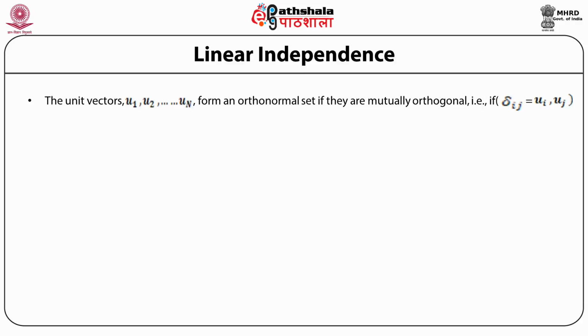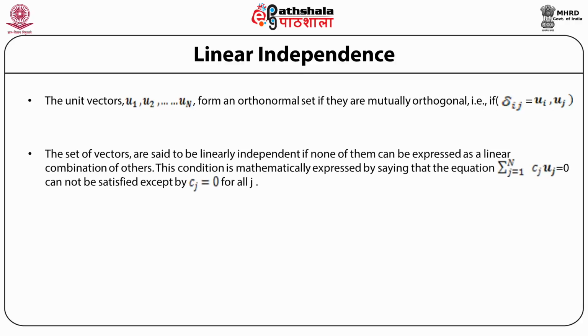A set of vectors is said to be linearly independent if none of them can be expressed as a linear combination of the others.